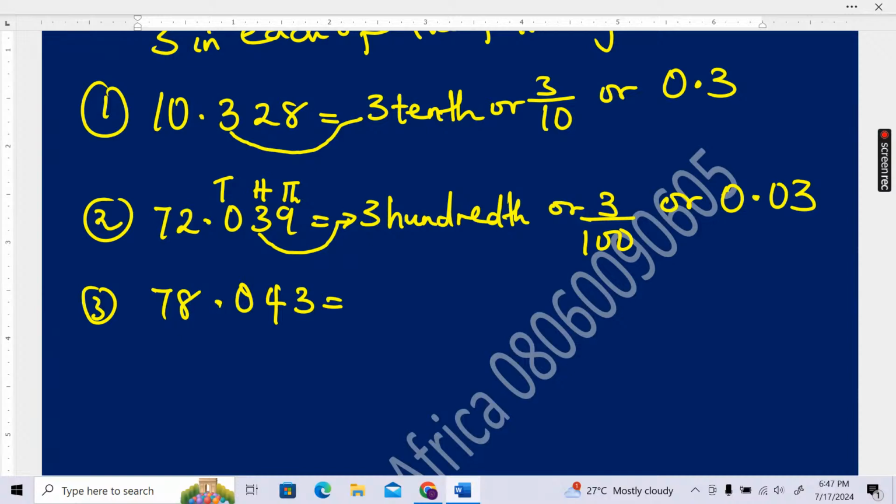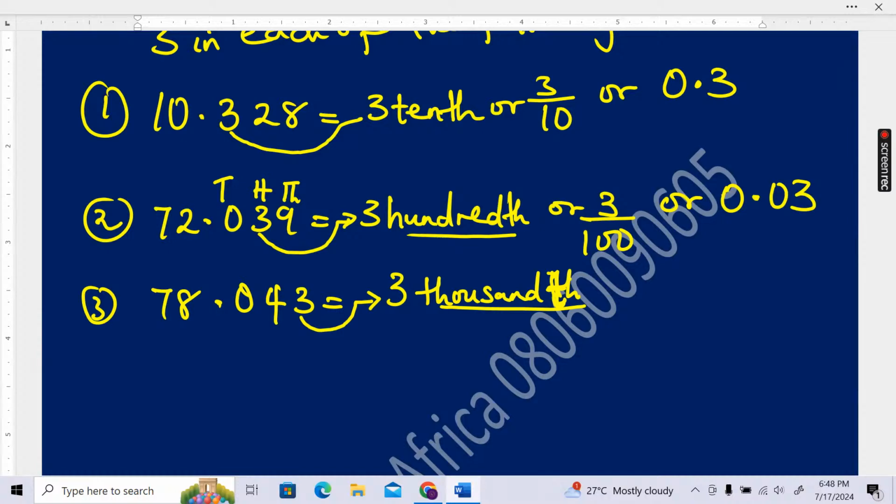Now the next one, which is the third one, says 78.043. So what's the place value of 3? Right here, we will have 3 thousandths. Make sure you take note of the spelling of these decimals in words. Thousandth in decimal ends with th.